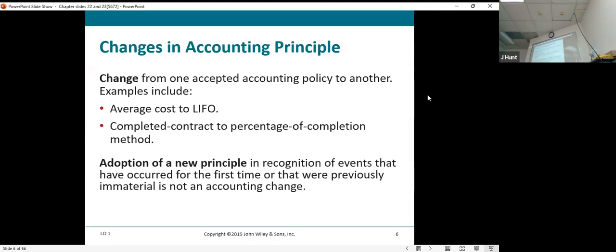Here, examples would be if we change from average cost to LIFO for inventory valuation. If we change from completed contract to percentage of completion method to recognize revenue on construction projects.